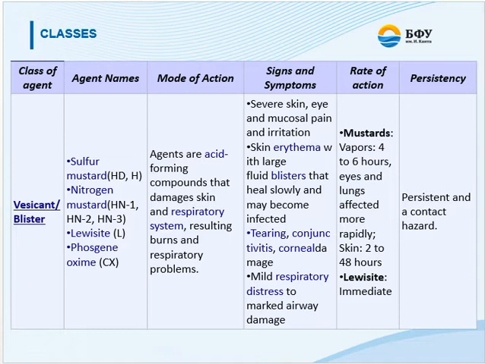Skin erythema with large fluid blisters that heal slowly and may become infected. Conjunctivitis, corneal damage, mild respiratory distress, and airway damage.